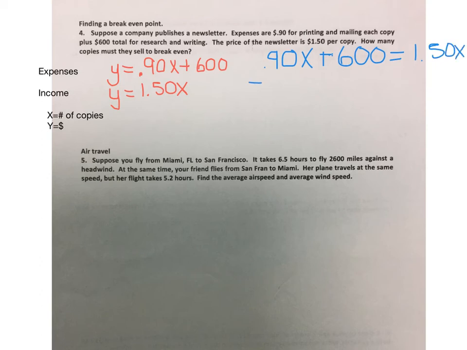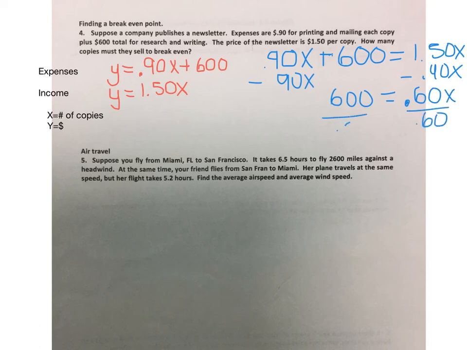Then I can solve. So I'm going to get 600 is equal to 0.60x, or 60 cents x. And then I can divide. If I do that, I'm going to end up with x is equal to 1,000. I don't need to actually plug back in for a break-even problem.